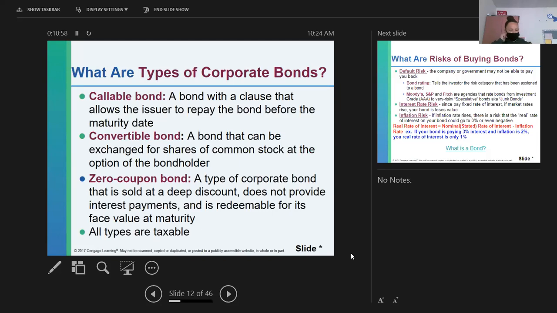So you can buy a zero coupon bond for $9,500, but at maturity, in 10 years, you would get $19,000 for it. You can also make money by selling the bond before maturity at a higher price than you paid for it, but you're not going to get any interest. You're just going to get face value, but you are paying a lot less ahead of time. All bonds are taxable on that interest that you are making.